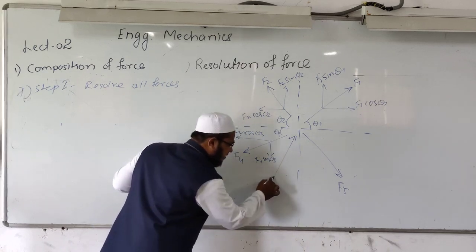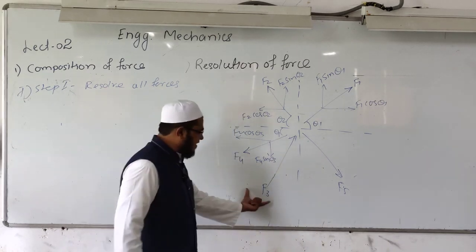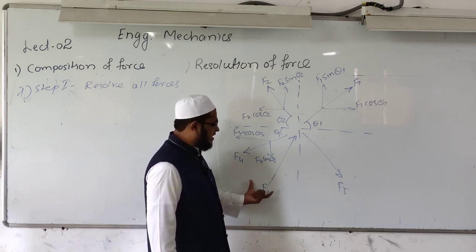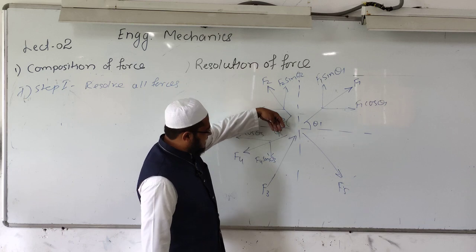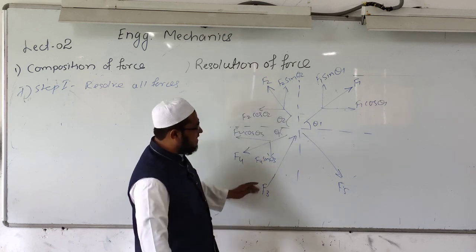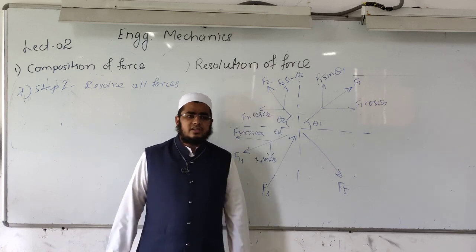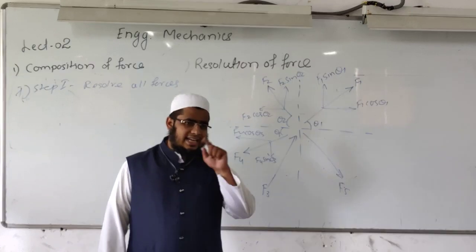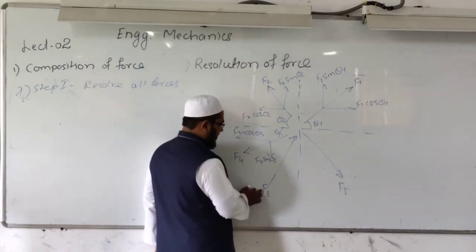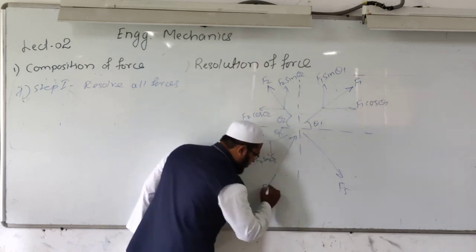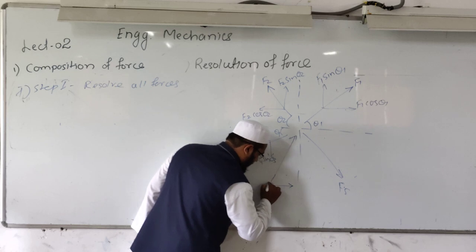So a very important thing, the twist in F3 is, this F3 seems like it is acting in the third quadrant, but always remember the quadrant depends on the direction of the force. Here this F3 is directed in the first quadrant, that's why it is acting in the first quadrant.